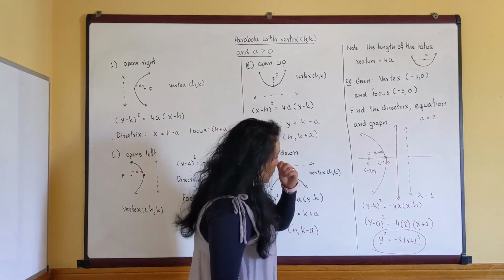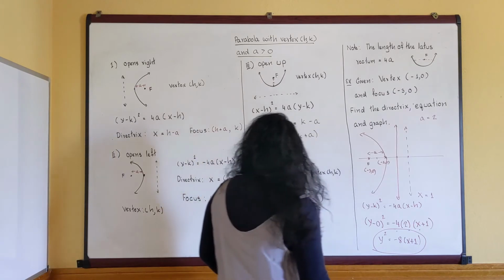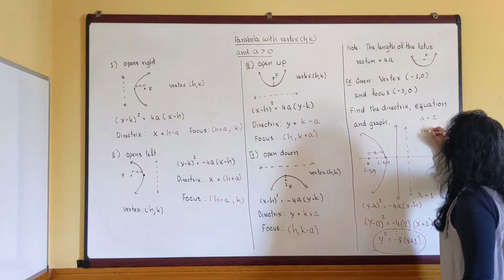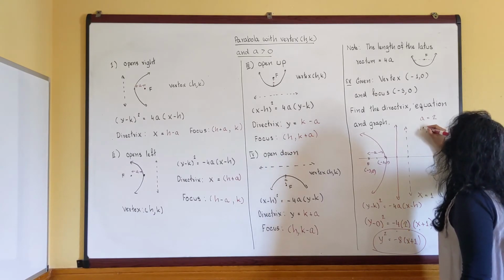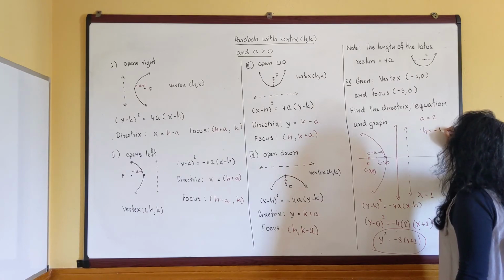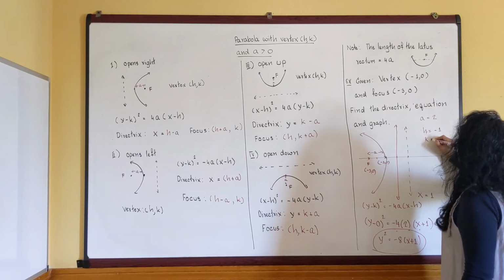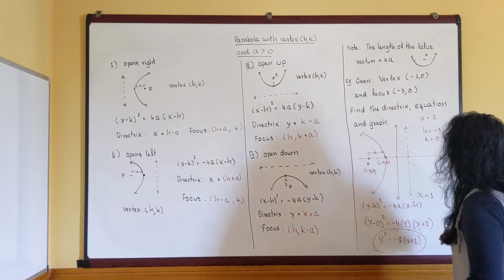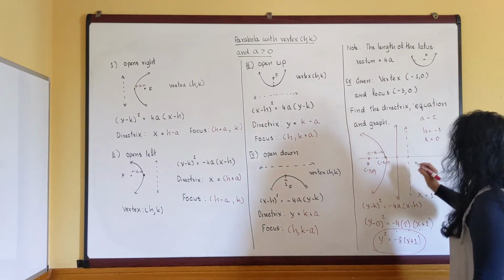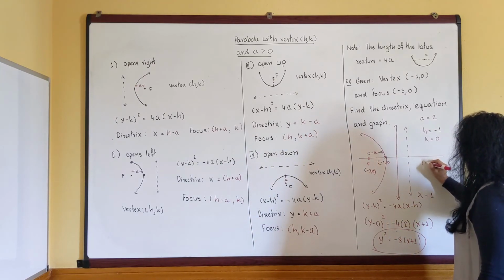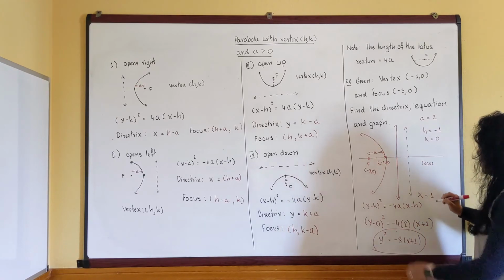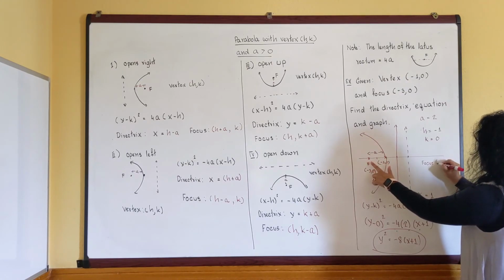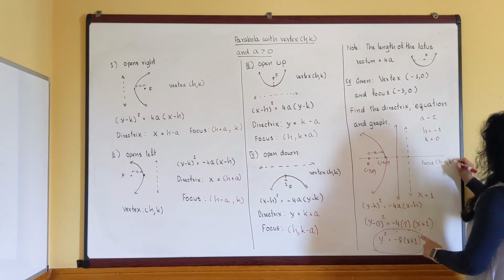All right. If the number here is not a whole number, you have to think that the vertex h is -1 and k is 0 from here, (h, k). If the number is not a perfect whole number, you have to use some calculation. So the focus is going to be h minus a and k.